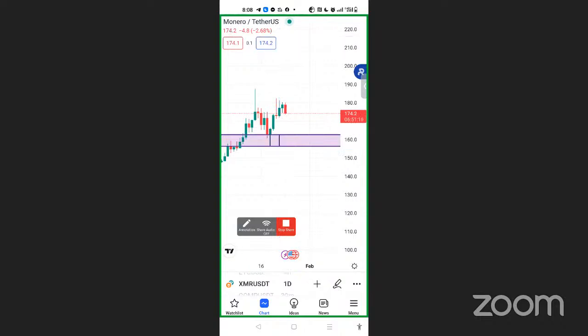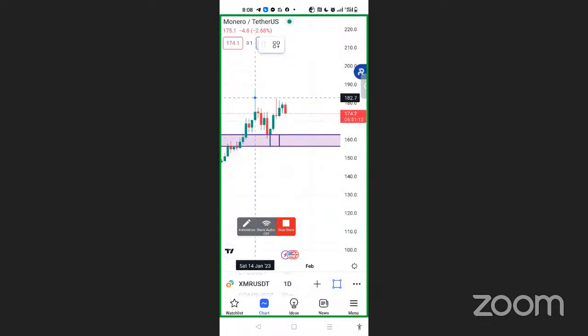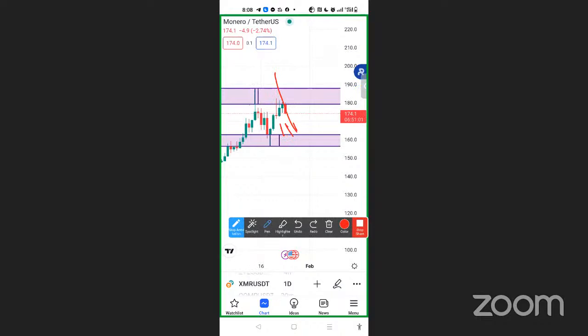Then look for the highest point in this area, stretch it to the close of the green candle, which is this place. So I know that I will wait for the market to see if it will be resisted in this area as it is moving down.